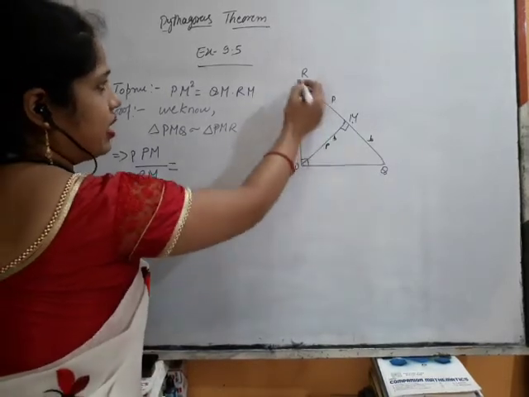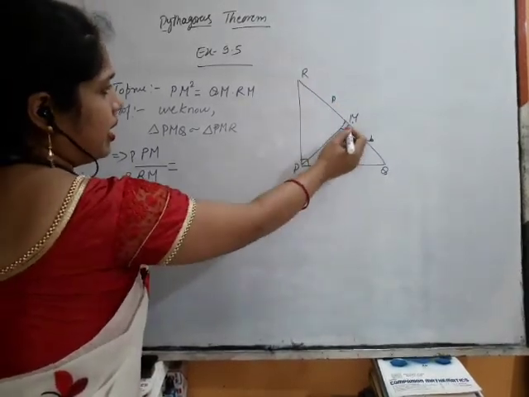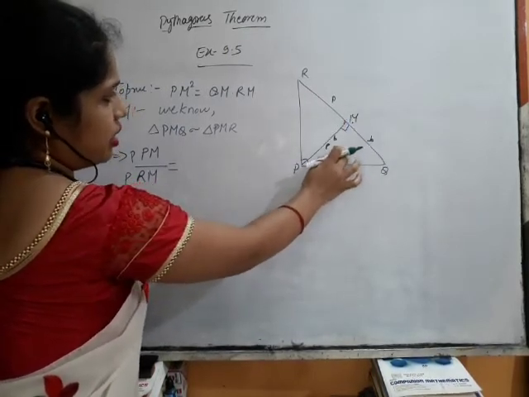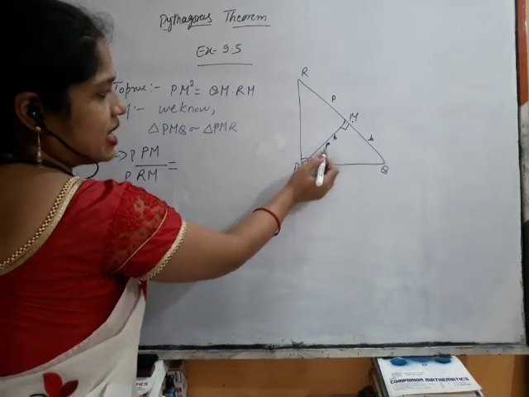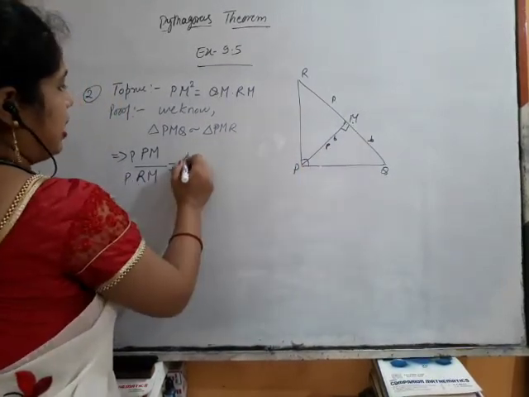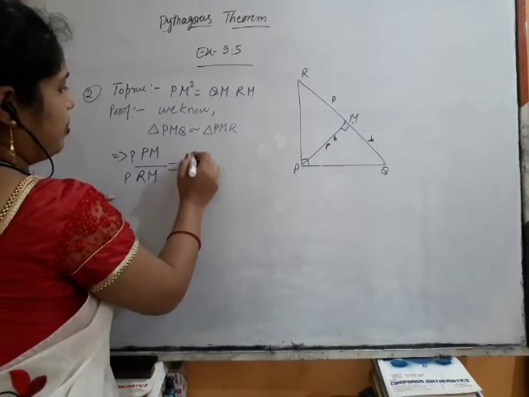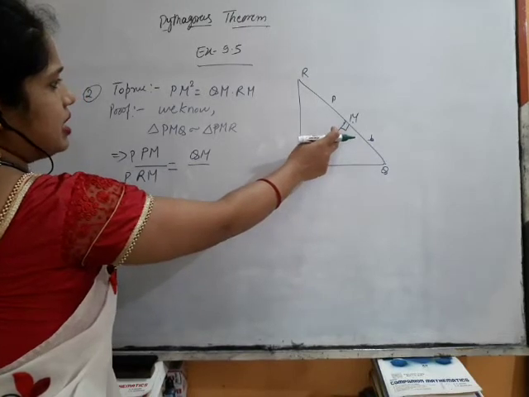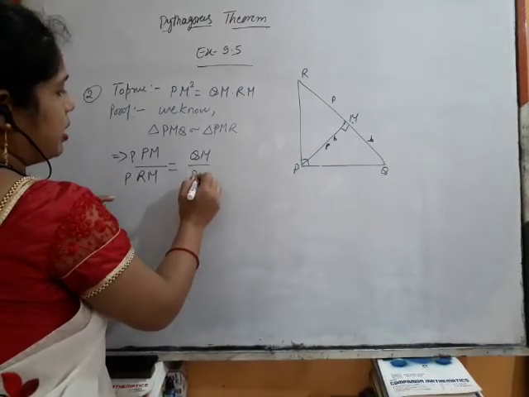For the second triangle, RMP or PMR, this will become the base, and this is the base of this triangle, because we have considered this as perpendicular. So it becomes base MQ or QM for this triangle, and the base of this triangle again becomes PM.